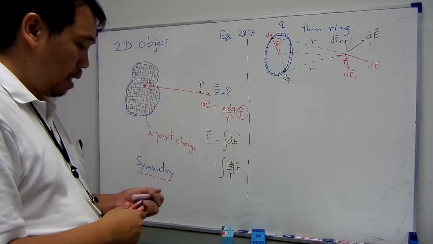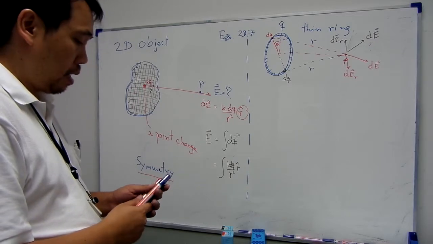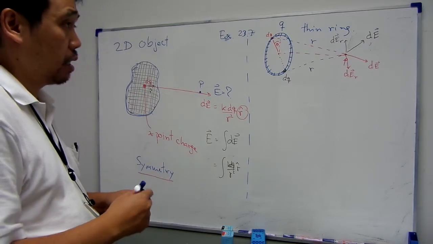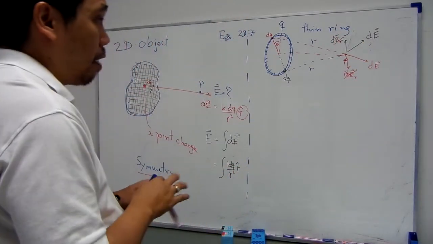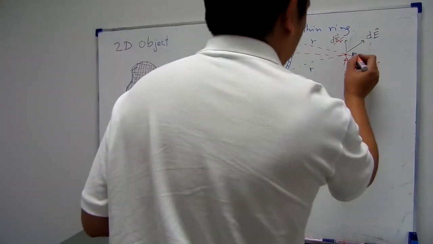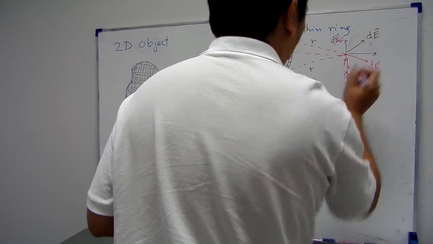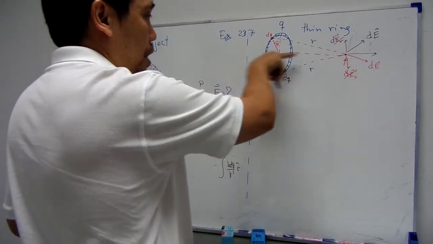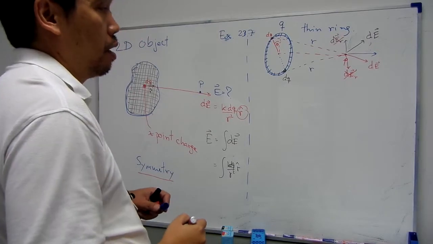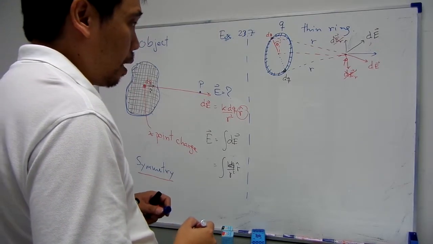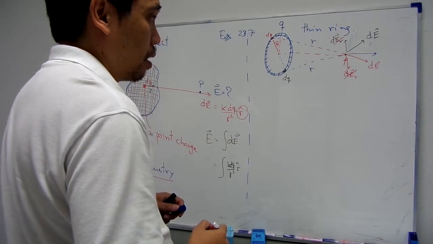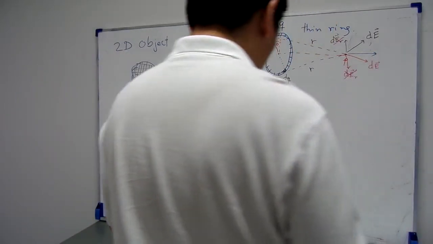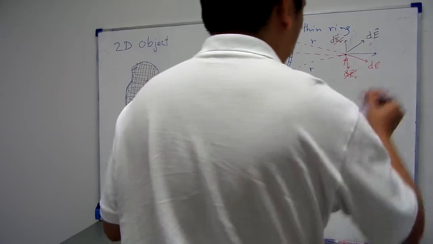It means that these two components will cancel each other. What we have left is only the component along the axis of the ring.